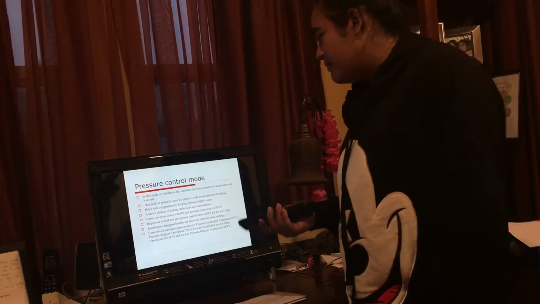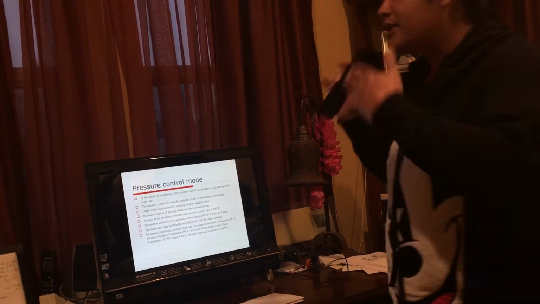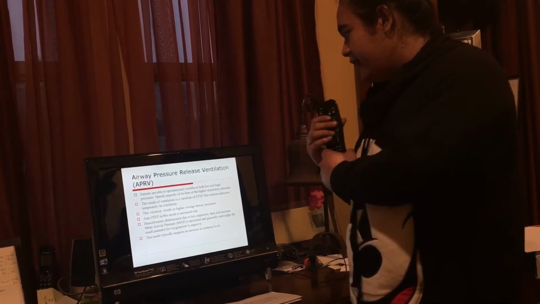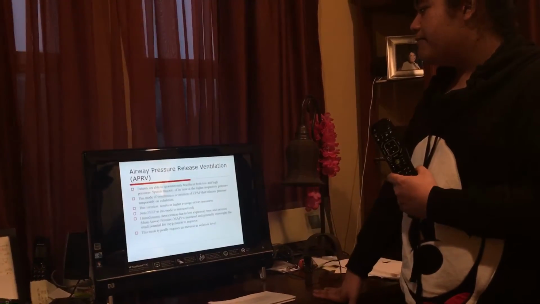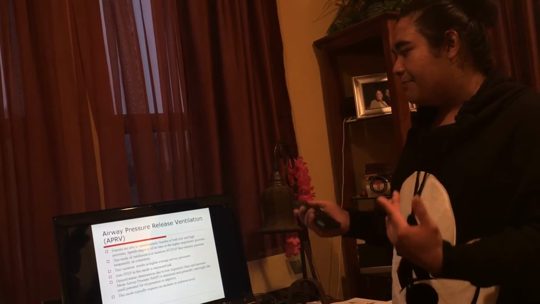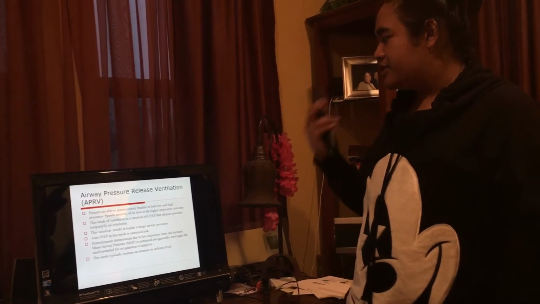So at this point, I'm going to talk about APRV and focus solely on it. With APRV, patients are able to spontaneously breathe at both low and high pressures, and they can spend the majority of their time at the higher inspiratory pressure.